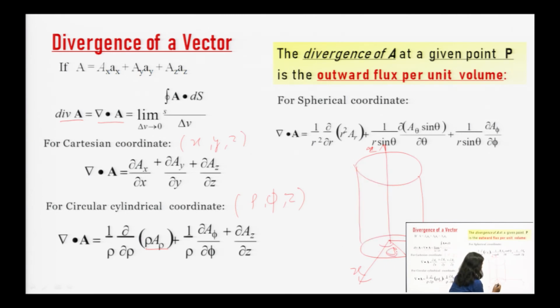This is phi and this is rho. The height of the cylinder is denoted with the help of z.